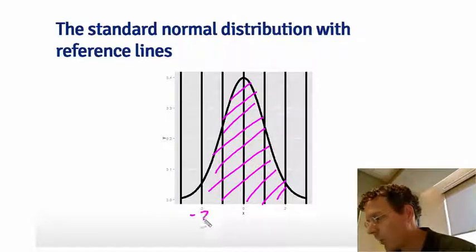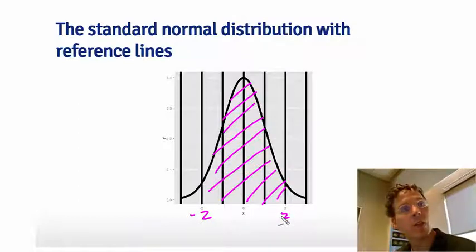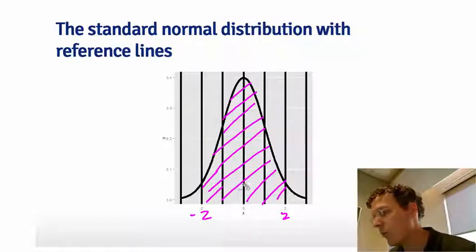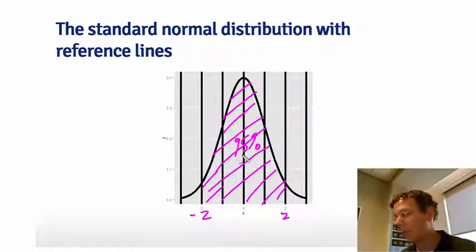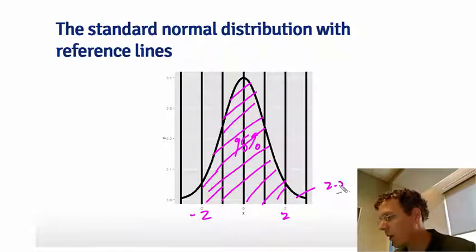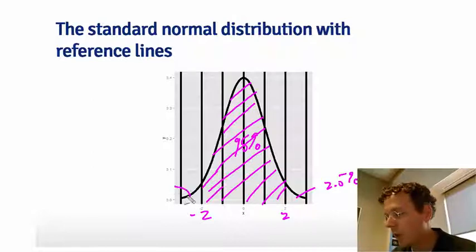So if we go from -2 to +2, and this is on any normal distribution, the probability of being within two standard deviations of the mean, the probability mass associated with that is 95%. That leaves 2.5% in either tail.